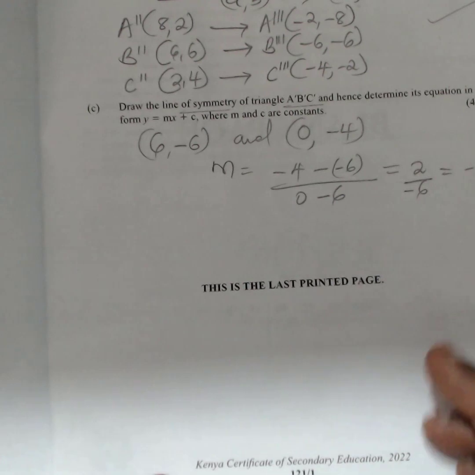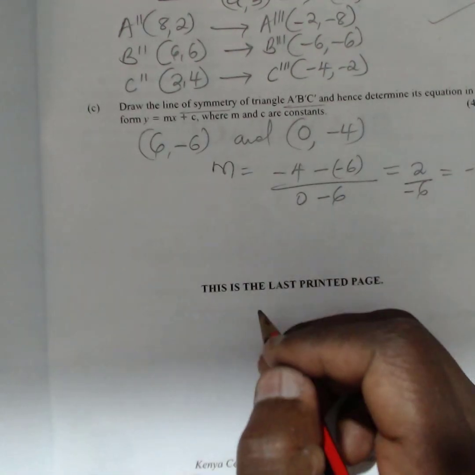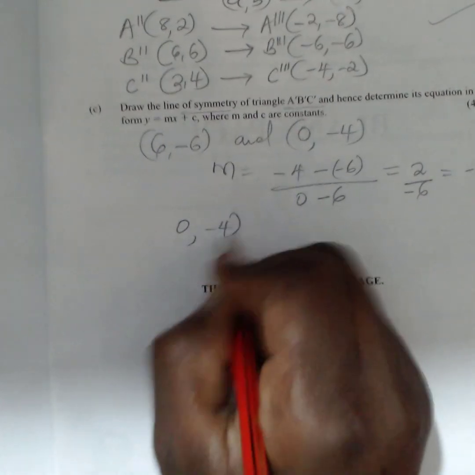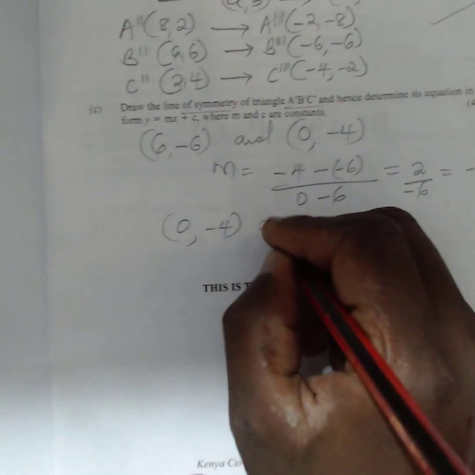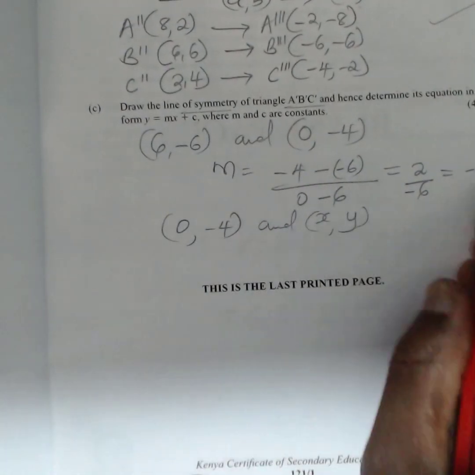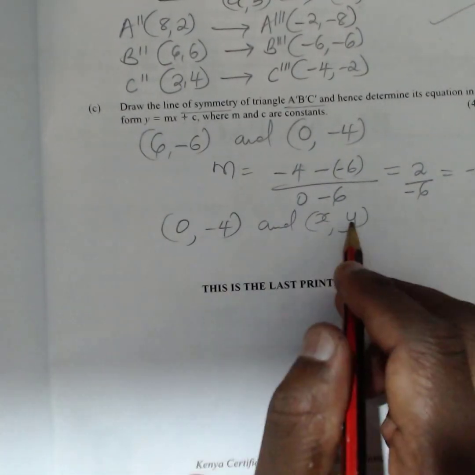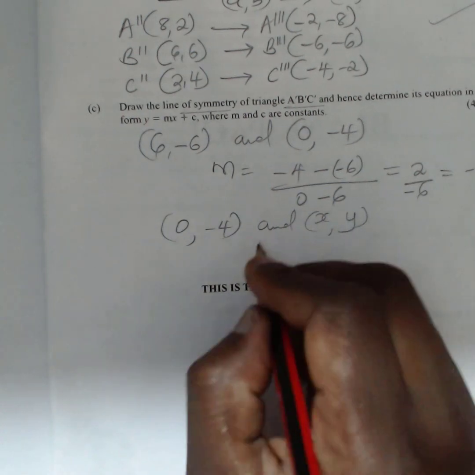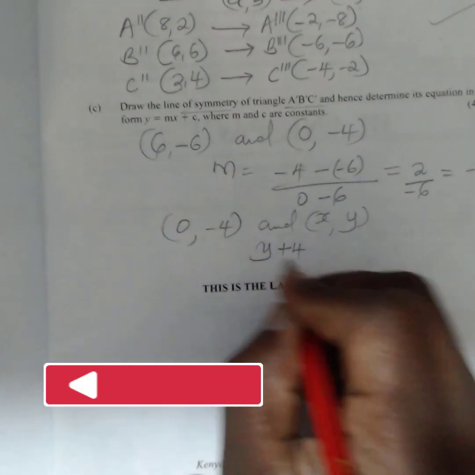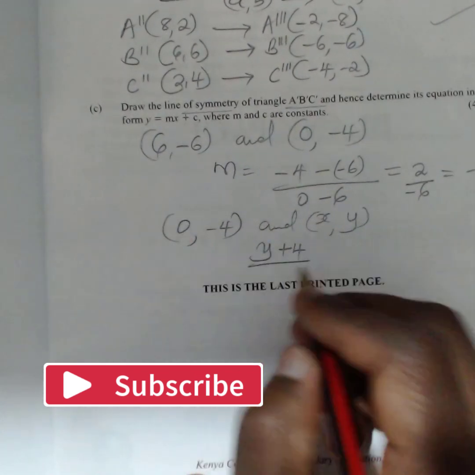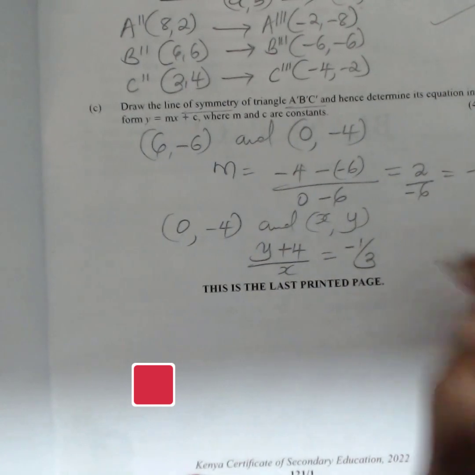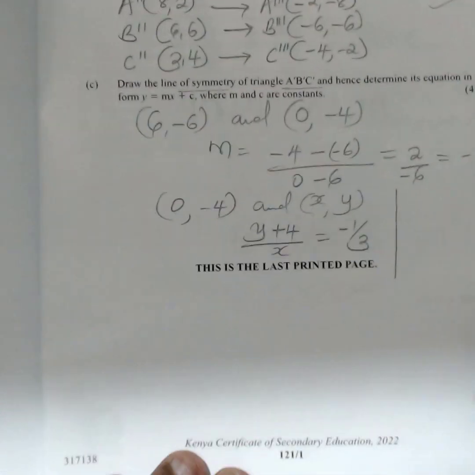Once you get the gradient, I can pick 0, negative 4, and I can introduce another general point on that line, x, y. I can use these two to calculate this gradient. So gradient is change in y, so y subtract negative 4, which will be y plus 4, divided by x subtract 0, which is x, equals negative a third.